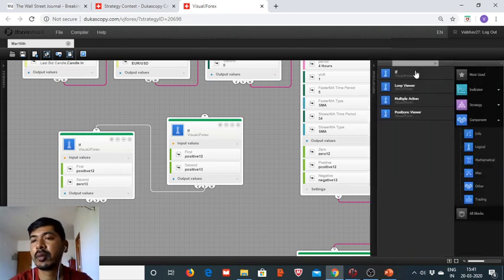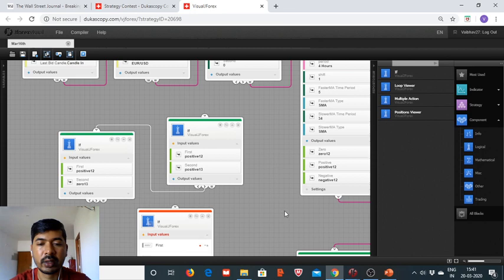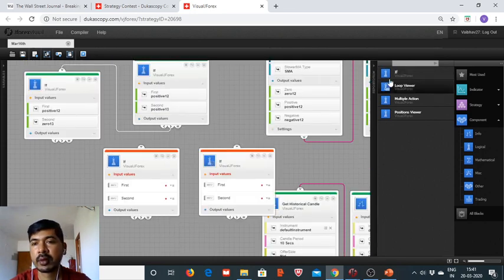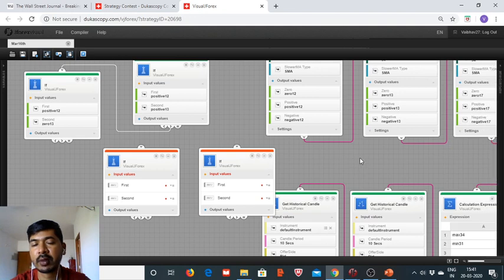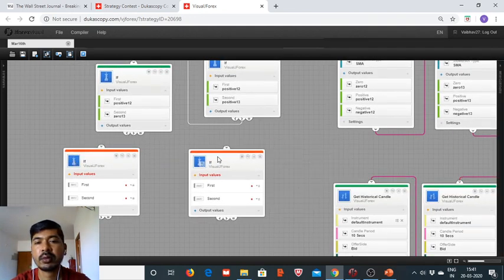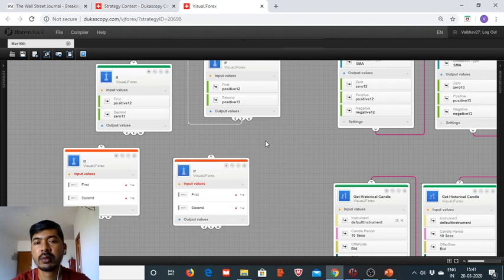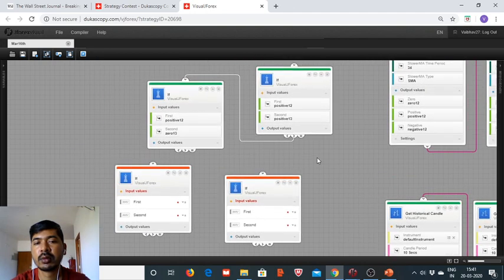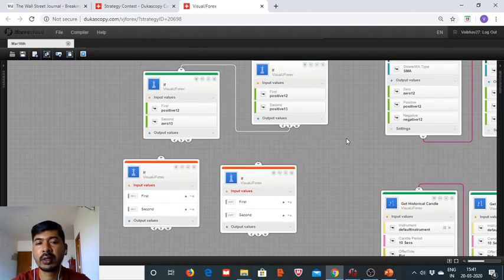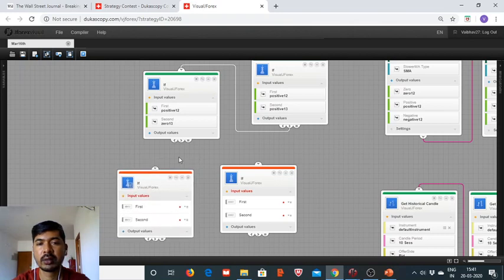Now we will need more blocks to fit in similar conditions for the hourly chart, and here again the first input is greater than the second input.